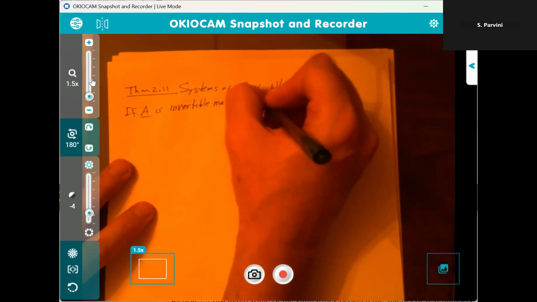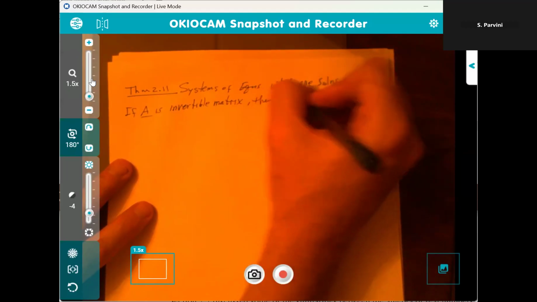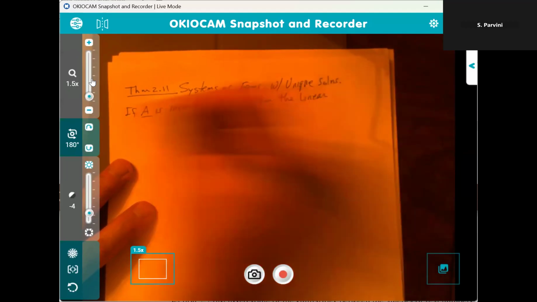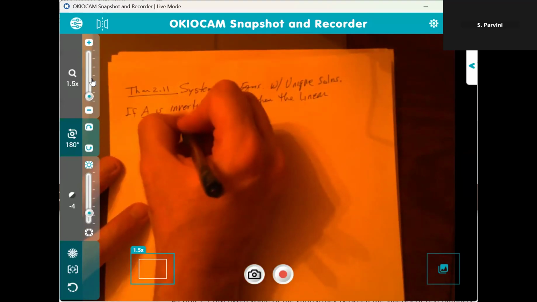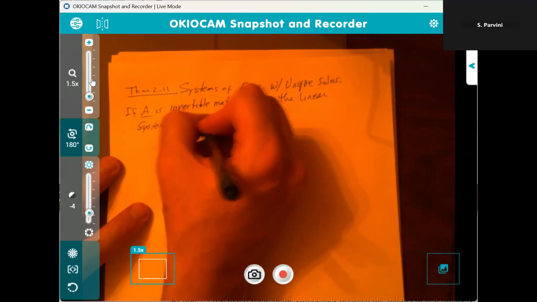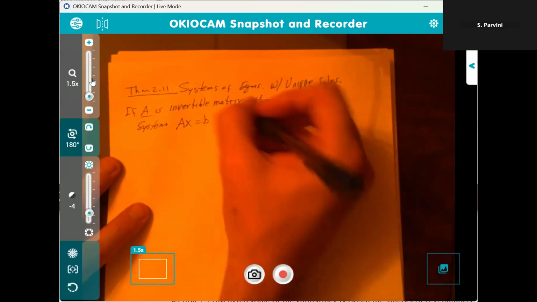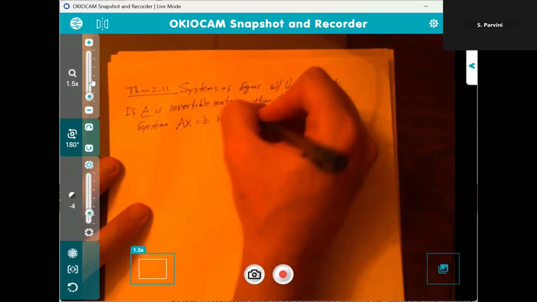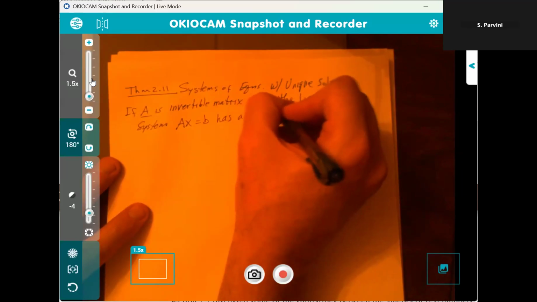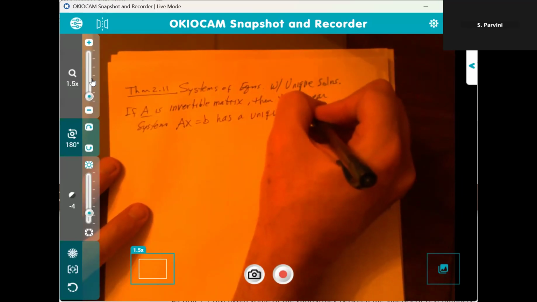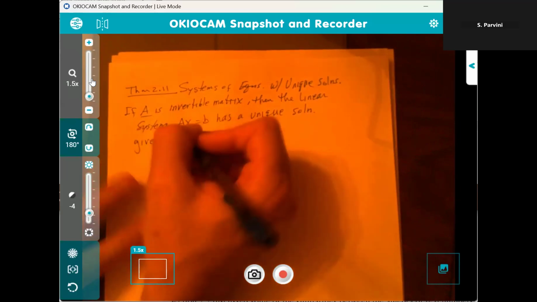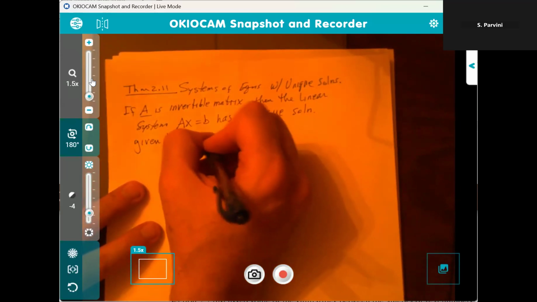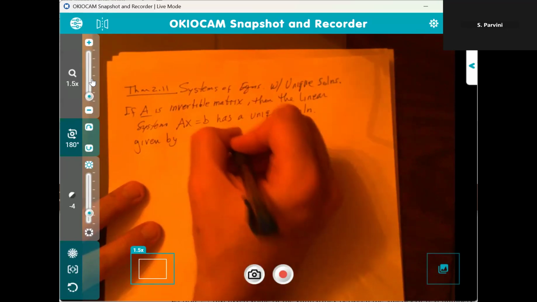Then the linear system AX equals B has a unique solution, and the solution is given by X is equal to A inverse B.